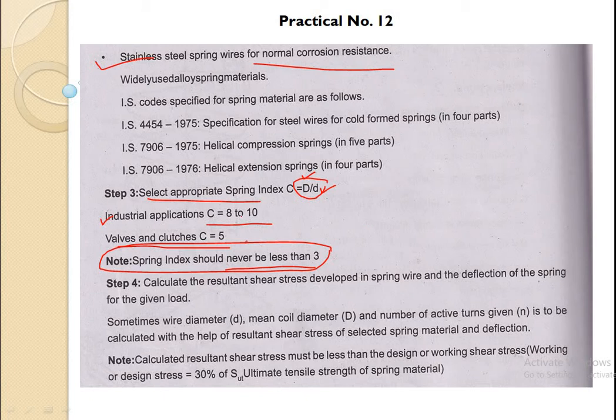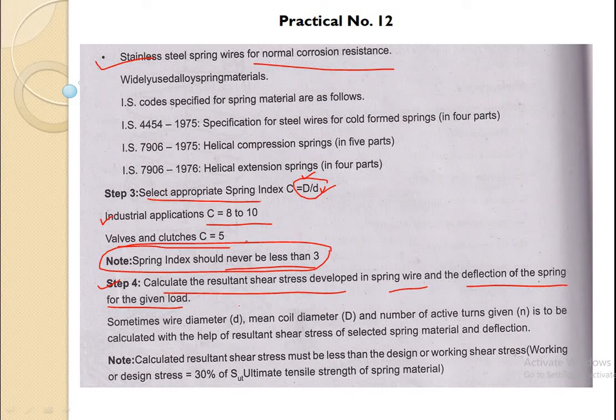Now after determining the spring index, the next step is to calculate the resultant shear stress developed in the spring wire and the deflection of the spring for the given load. As we know, we have to design a spring by taking into consideration two equations, that is the load stress equation and the load deflection equation.